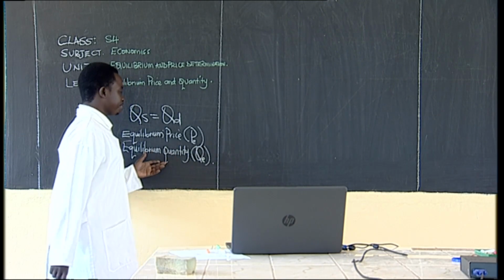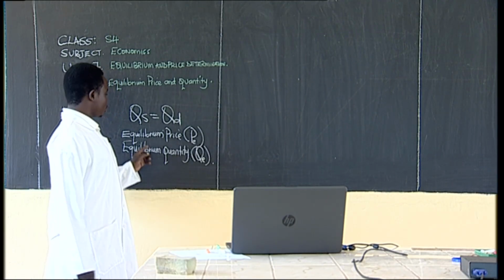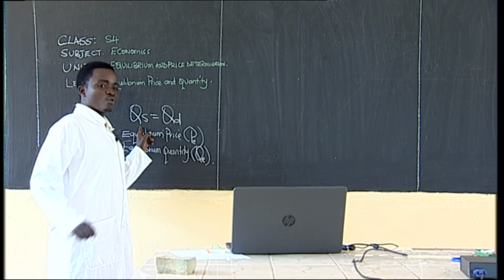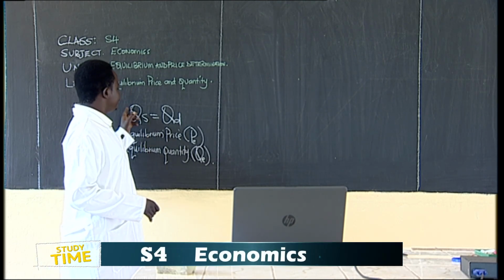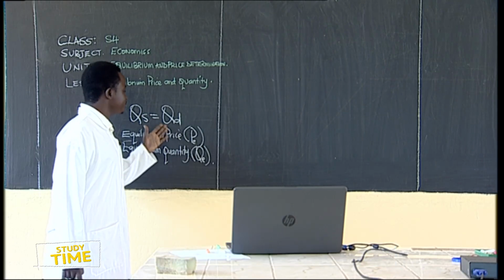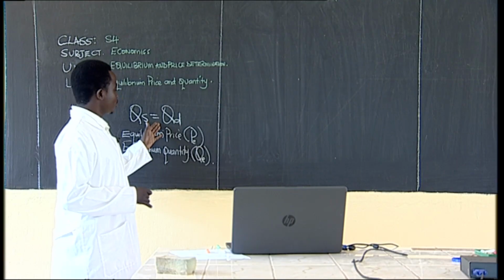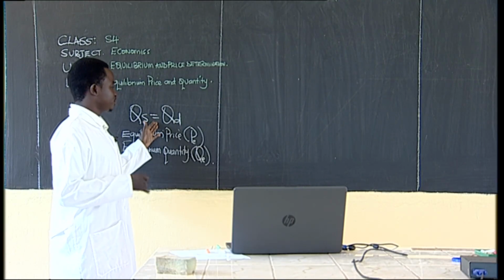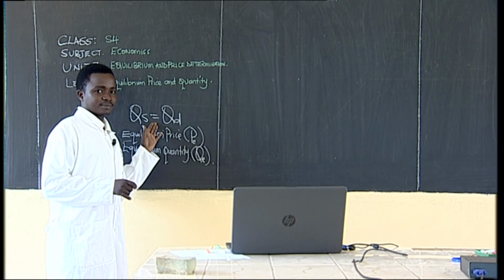Remember this: the market is in balance because the quantity supplied, what sellers bring to the market, can easily be bought by consumers, meaning that here we don't have a disequilibrium. We don't have either a shortage or a surplus.